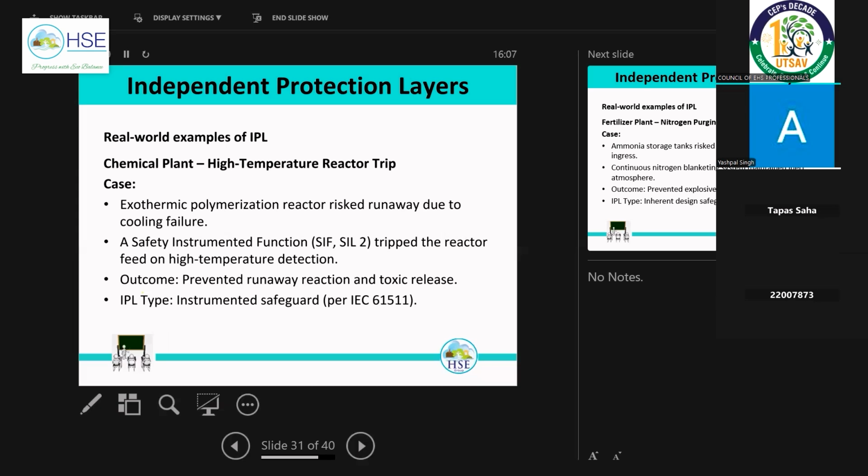The outcome is a prevented runaway reaction, either by starting another cooling water supply loop or by closing the feed flow and stopping the reaction. Both outcomes prevent the runaway reaction and toxic release. So this is an instrumented safeguard. The type of IPL is an instrumented safeguard, and the reference is IEC 61511. That's another example of an IPL.